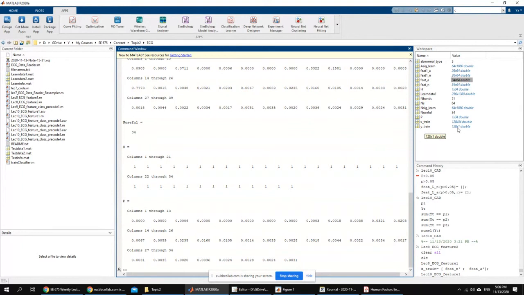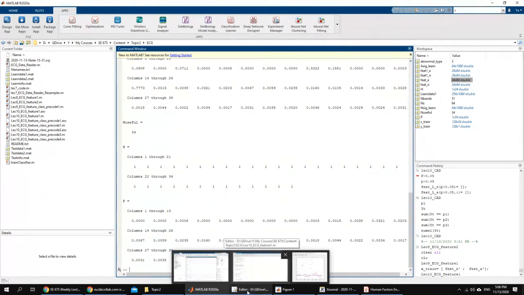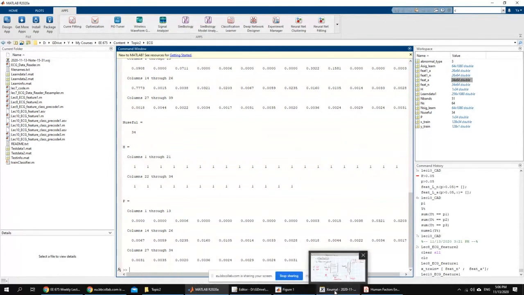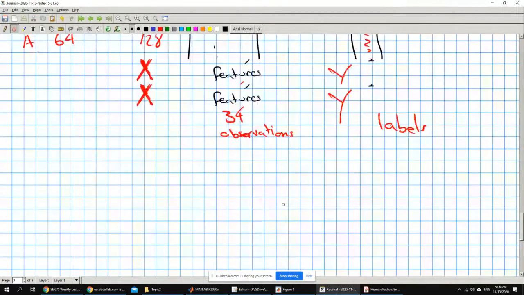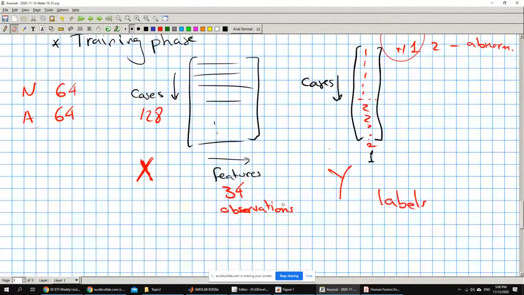We need to classify now. We have the X train and Y train, and we need to classify them. If you want to do that, you also have to have the data for testing.